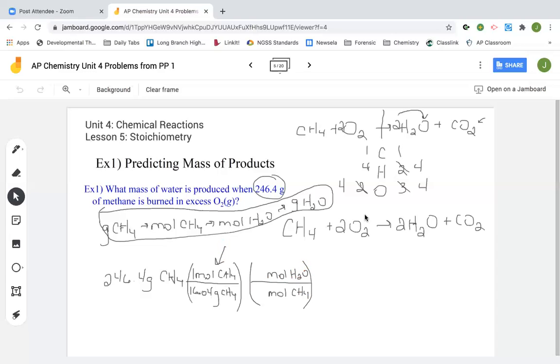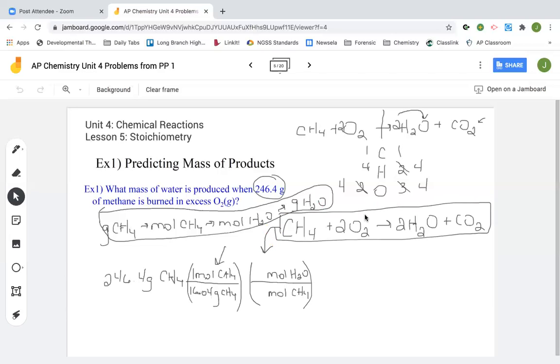Now, when we have a mole to mole ratio in our fraction in dimensional analysis, we always get those numbers from the balanced chemical equation. So from this balanced chemical equation, we're going to get the numbers to put inside this fraction.